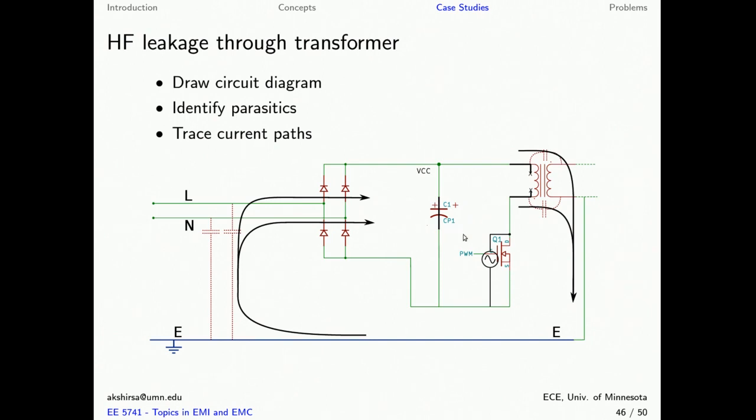So you can see that this high frequency current from this noise source is going to flow equally through both these parasitic capacitances, and is going to flow out through the line and back to the source. So we can see that this is going to give rise to common mode issues.